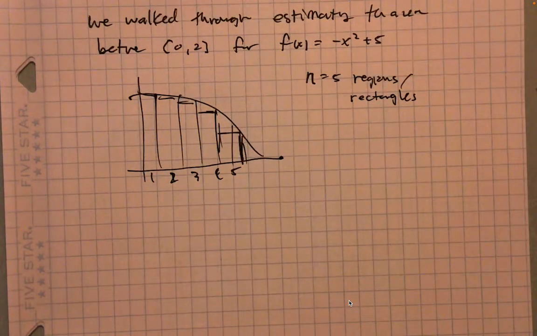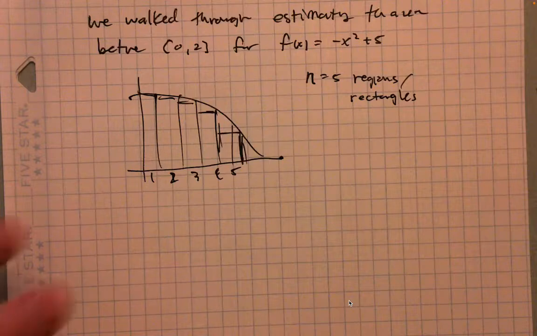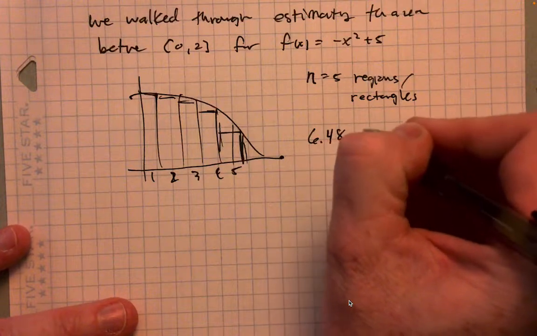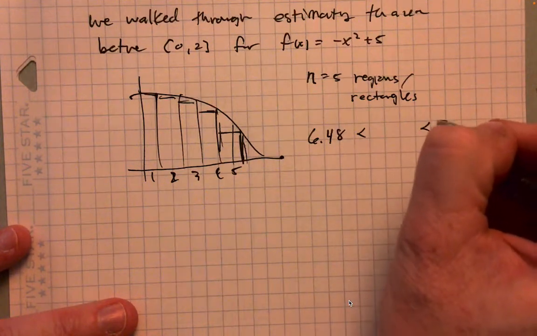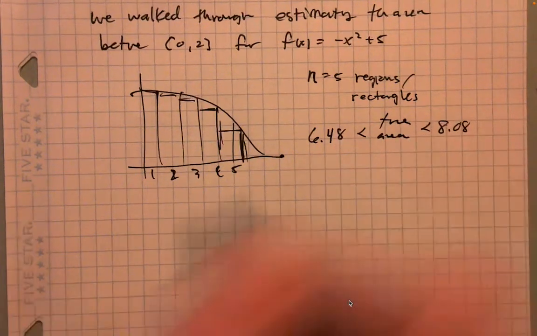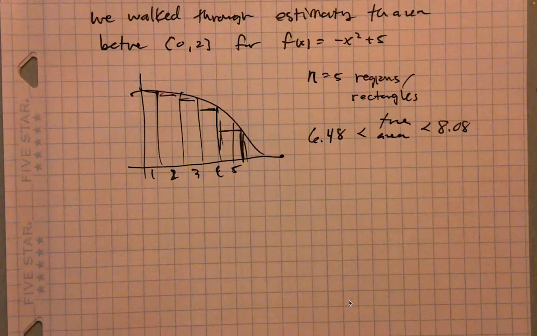We calculated the area using the right-hand side and the left-hand side, and we estimated the area to be between 6.48 and 8.08. That's what we came up with for this function.